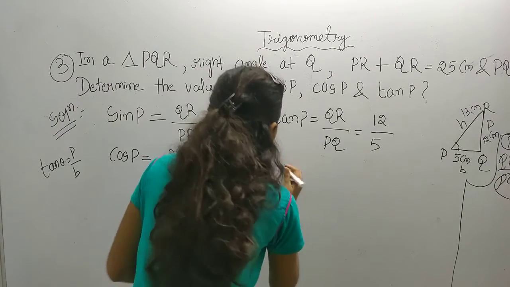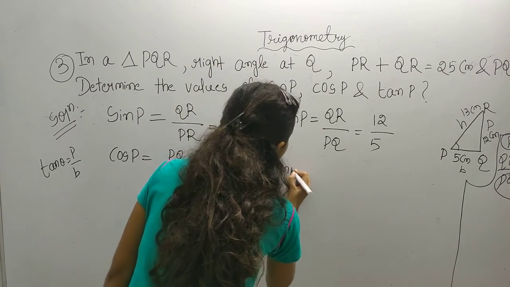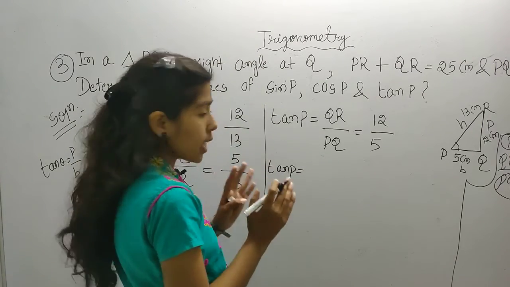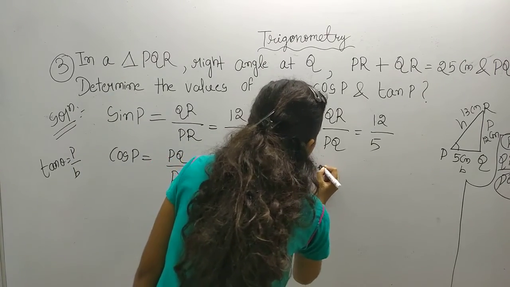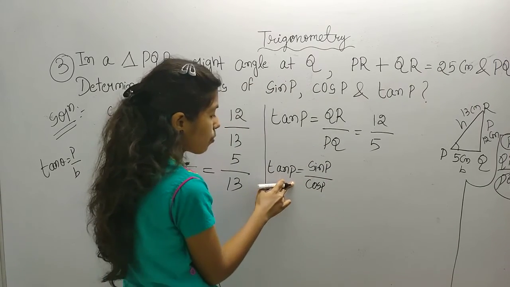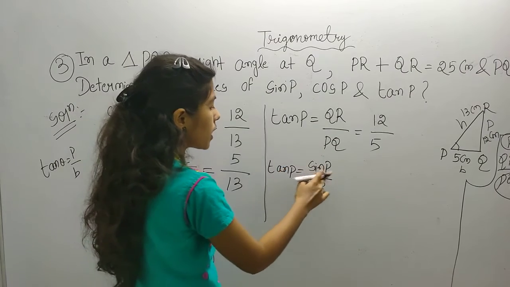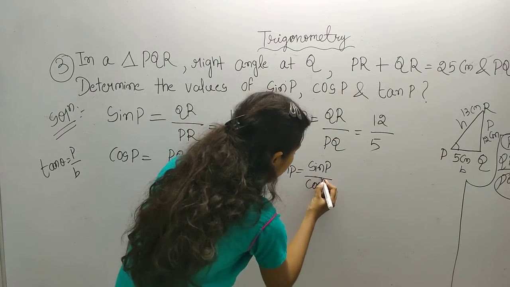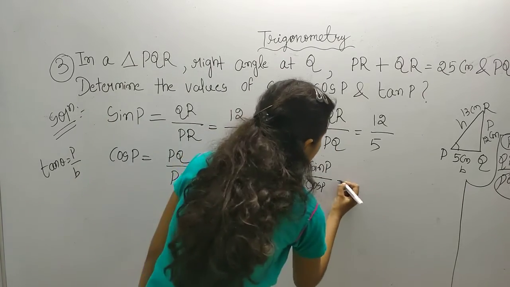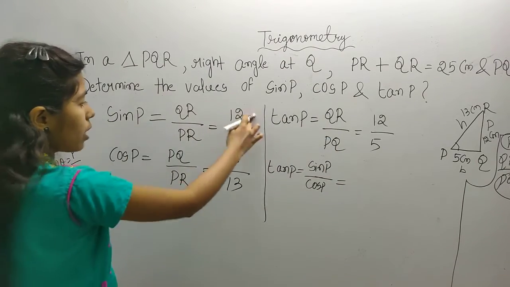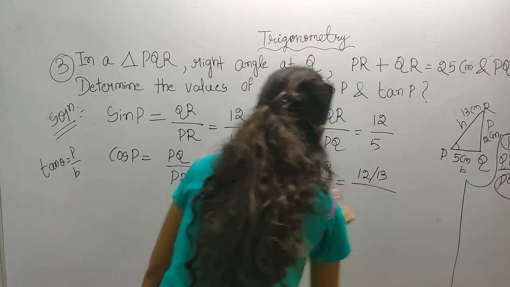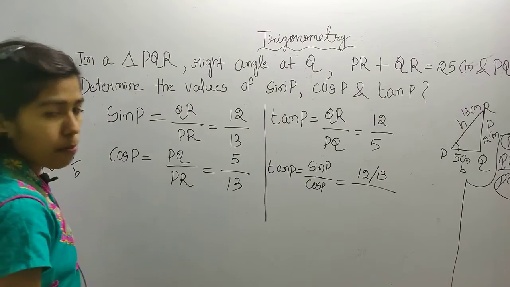Another formula for tan P: we already know tan is sin by cos, so sin P by cos P. You have to check the angle given here. If theta is given, then sin theta by cos theta. But here it is given tan P, so sin P by cos P. We already know sin P is 12 by 13 and cos P is 5 by 13.